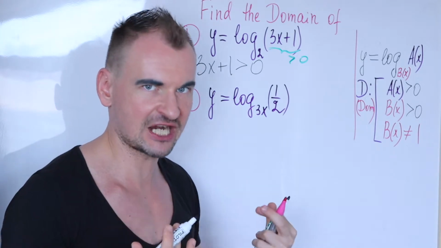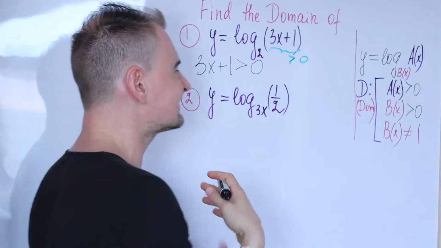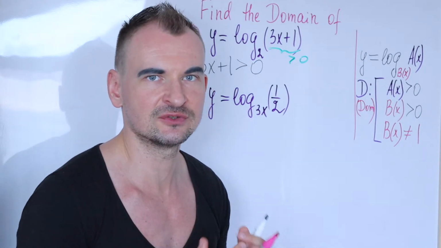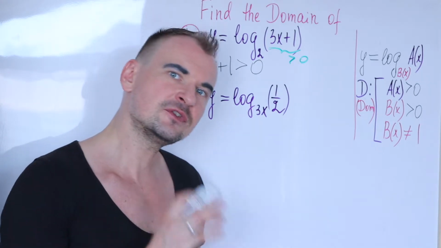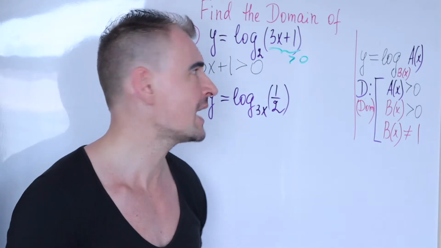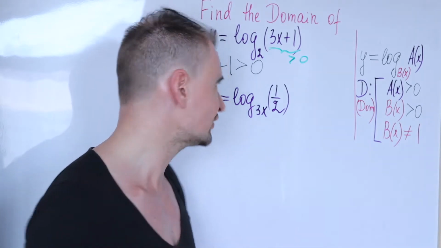All you do is solve this simple basic linear inequality. It comes down to just solving linear inequalities, and if you need help with that, you could jump into my linear inequality video for that explanation.